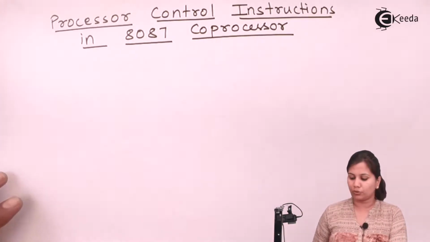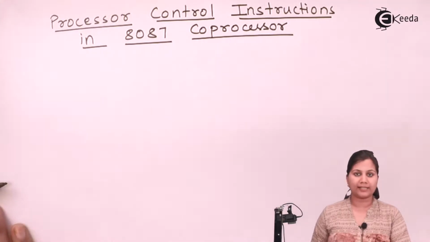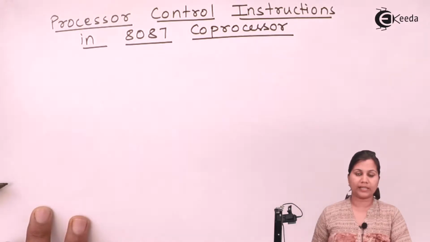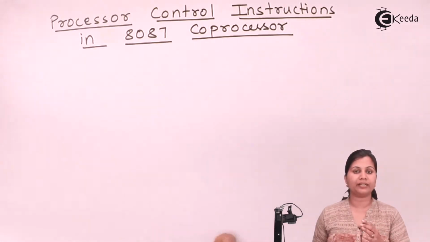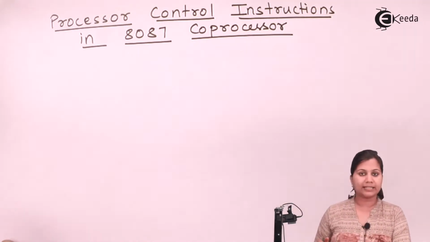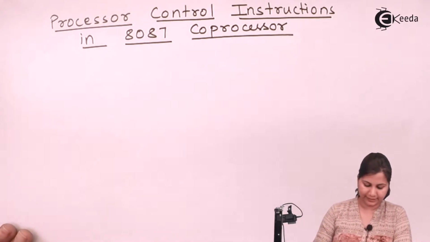The instruction set of the 8087 is classified into different categories depending upon the function performed by the instructions. So let's see how the instruction set is divided into different classes.